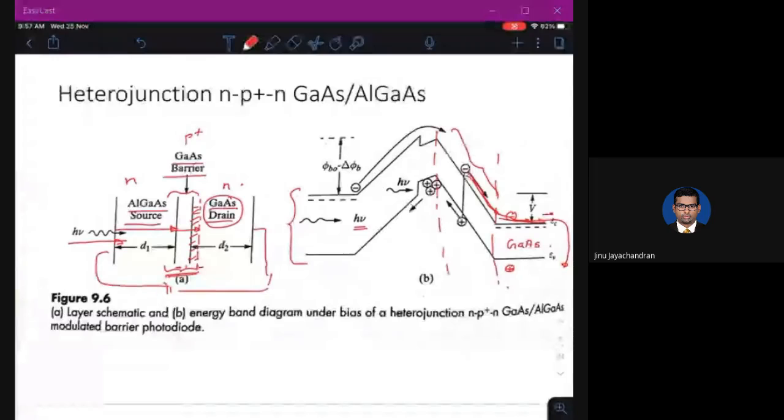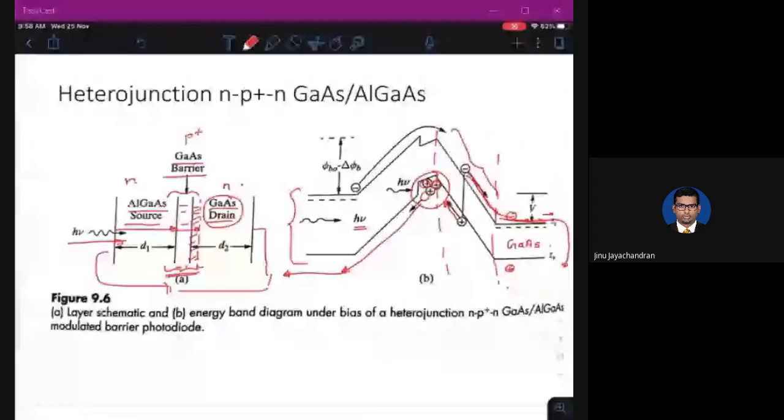Now the hole will move in the opposite direction of the electron, in the same direction as the electric field, which is towards the up direction. It will be collected in the gallium arsenide barrier, and it can move down the hill by appropriate energy and move out to the external circuit.